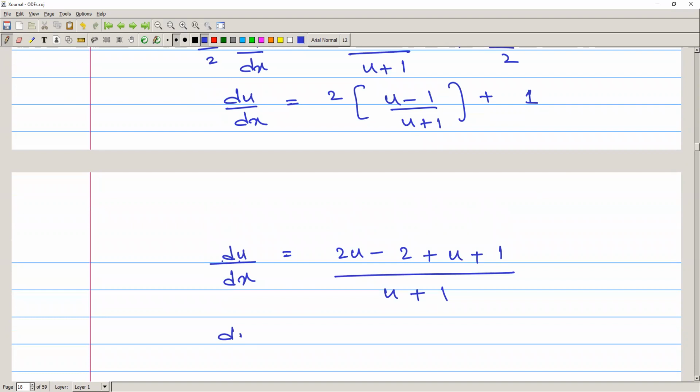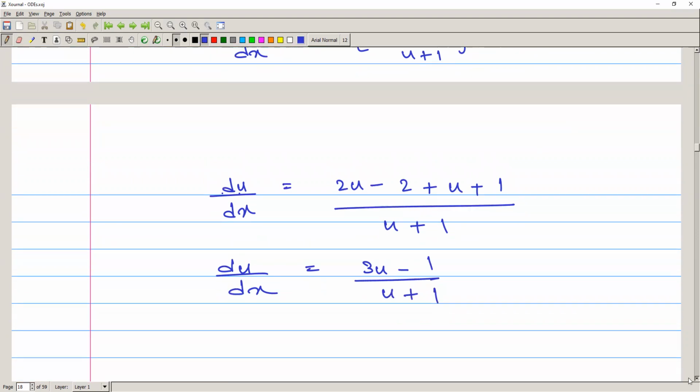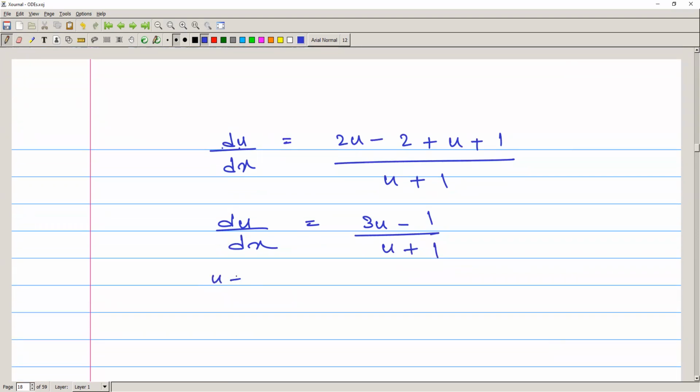Now du over dx is equals to (3u minus 1) over (u plus 1), which is now separable. Right, so (u plus 1) over (3u minus 1) du is equals to simply dx.